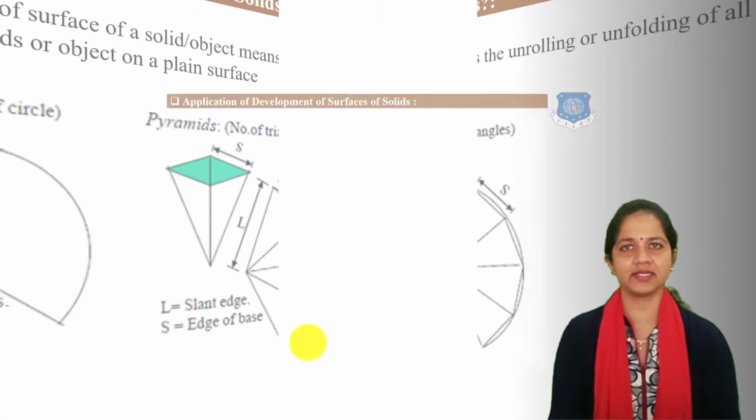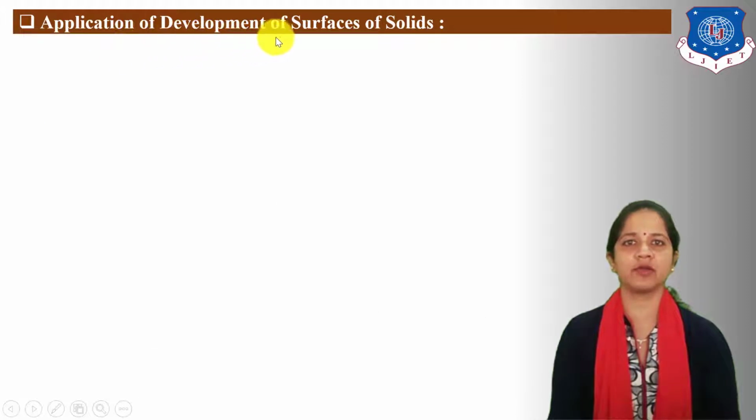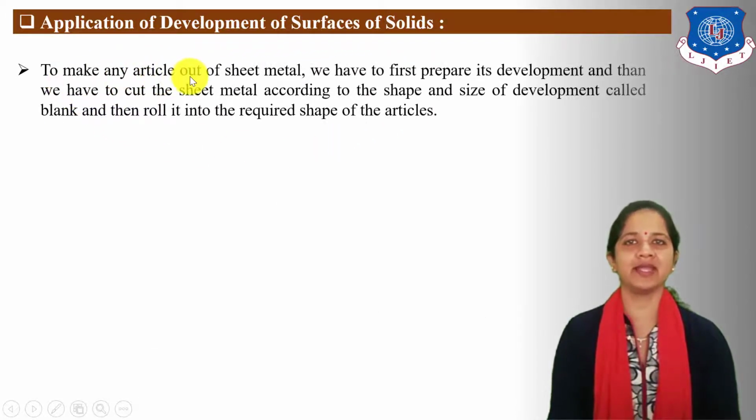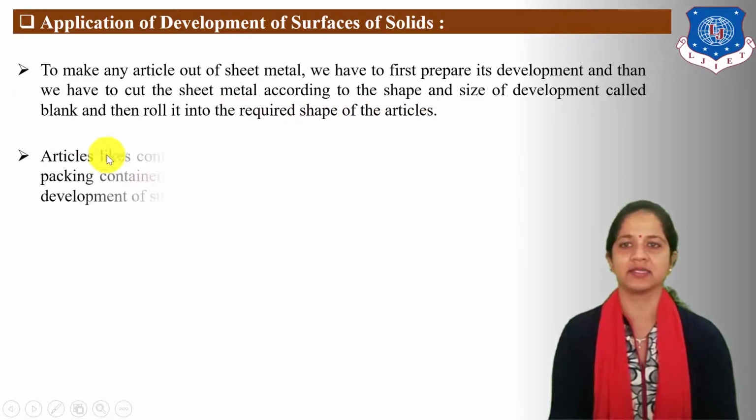Next, let us understand application of development of surfaces of solids. To make any article out of sheet metal, we first have to prepare its development, and then cut the sheet metal according to the shape and size of the development, called a blank, and then roll it into the required shape of the article.